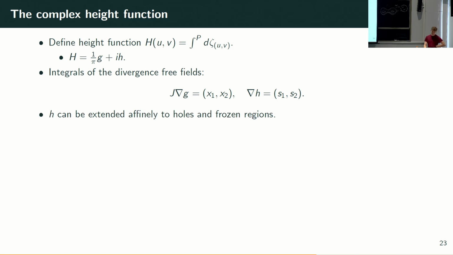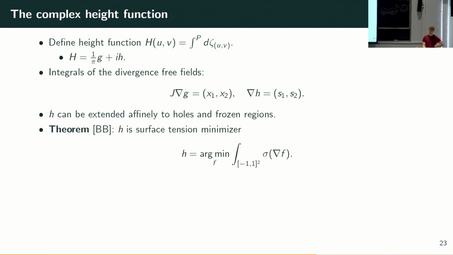So this is nice. And in fact, it turns out that h can then be continuously extended to all the holes. This extended version, which is now really a function defined on the entire Aztec diamond, is in fact the minimizer of this surface tension function.